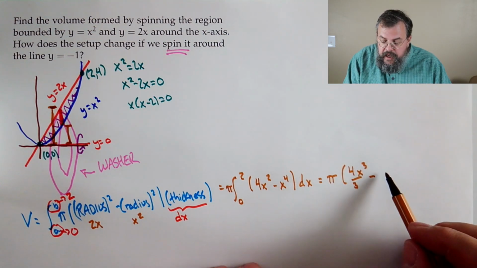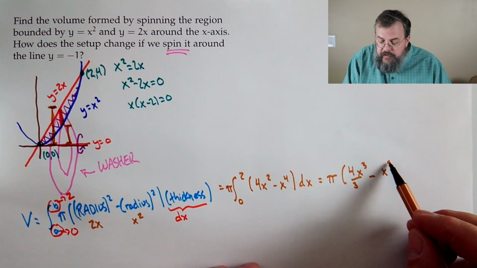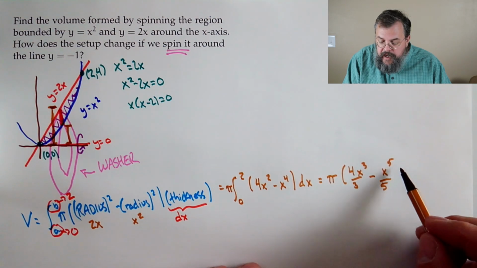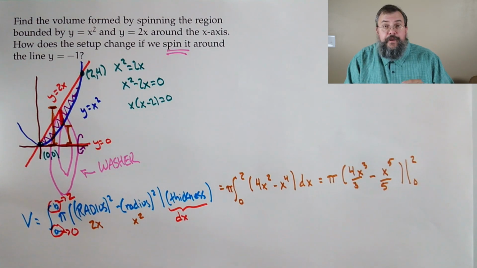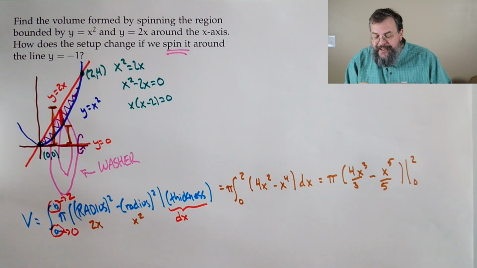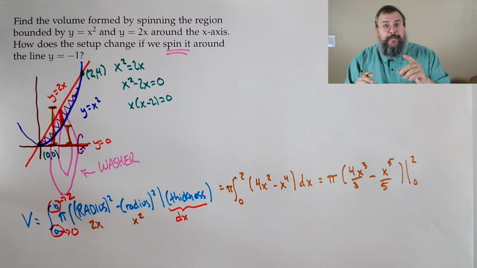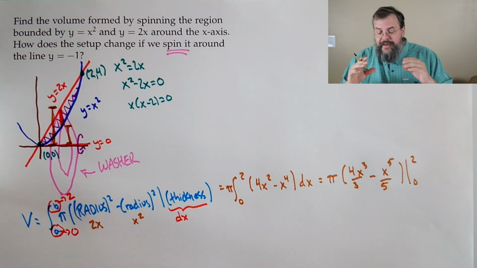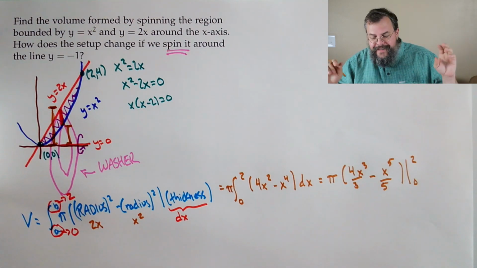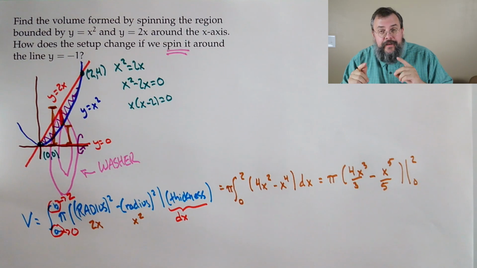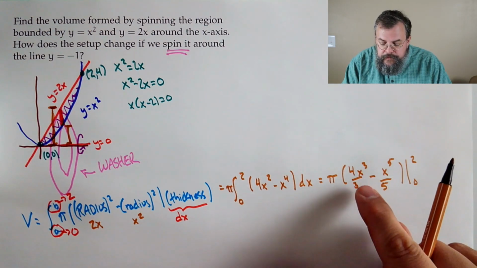Minus, add 1, x to the fifth, divided by that new exponent, 5. Evaluated from 0 to 2. Some good news: it's not so hard to plug in 0. 0 is beautiful. It won't always be trivial, but oftentimes it is. 0 cubed, 0 to the 5th, 0. Gone, gone, gone. All right, which means plug in 2.